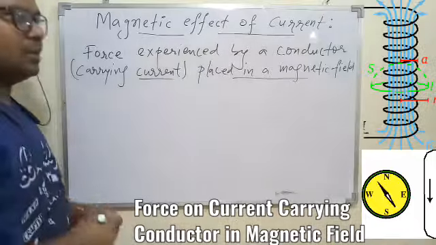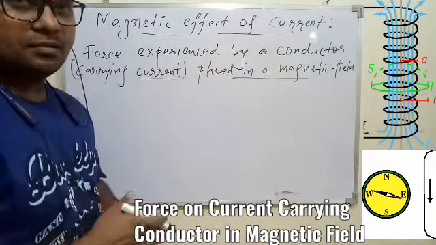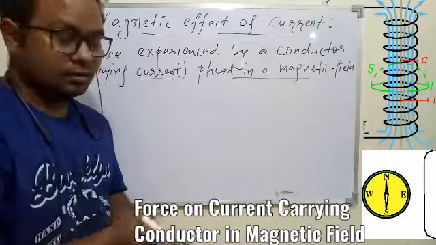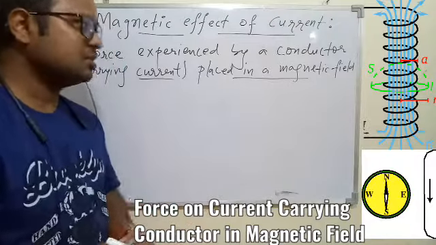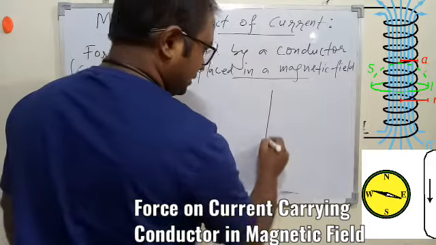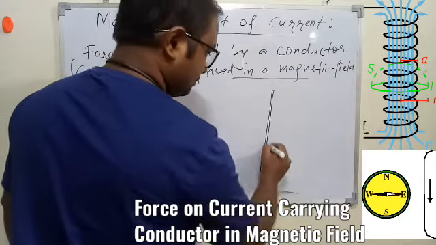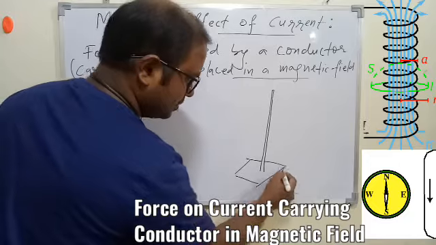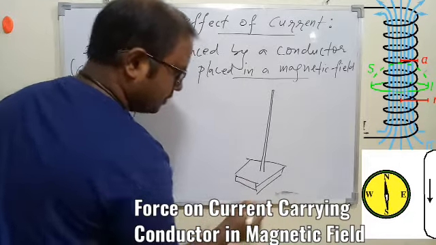Okay, so for this we can have a very simple activity that can be done in the school, that is in the laboratory. Not now, it's not possible because we need the materials. So just imagine we have a stand. To understand this, we just have a simple activity explanation.